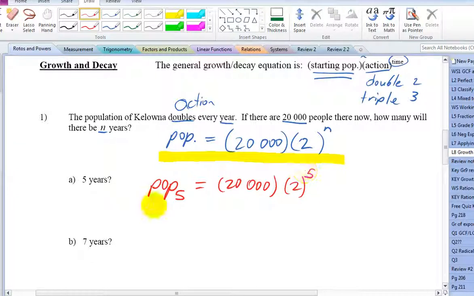Okay, so now you can go to your calculator, or you can figure it out in your head. 32.